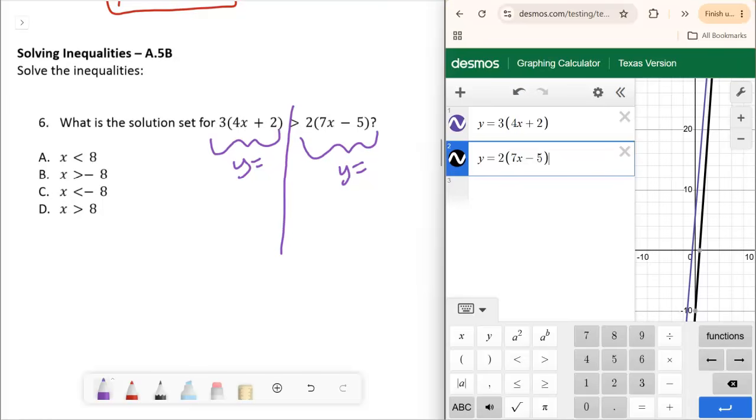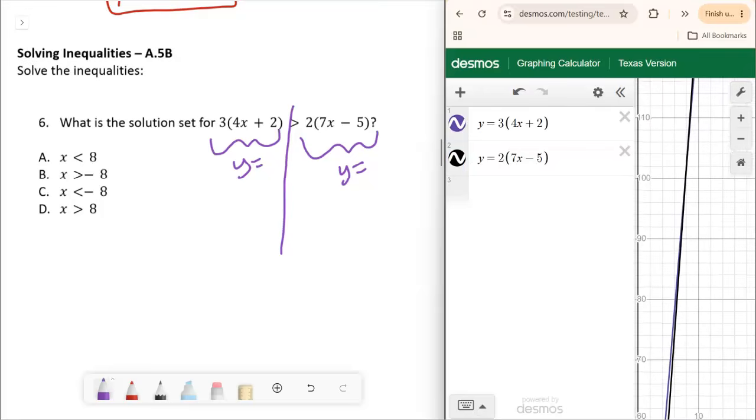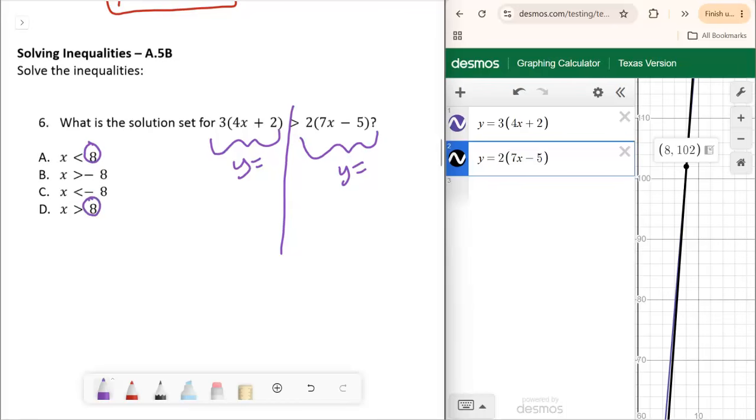Hit the house button and see where they cross. So I know that my answer is going to be a positive 8, right? So it's either that one or that one. That means I can cancel these two. But then you have to figure out whether or not you ended up dividing by a negative.